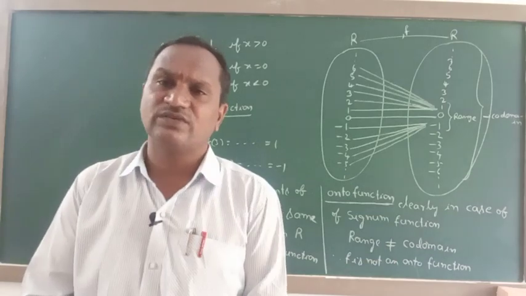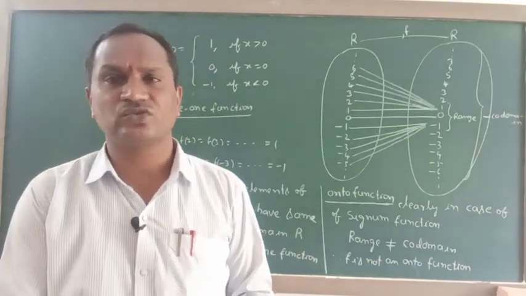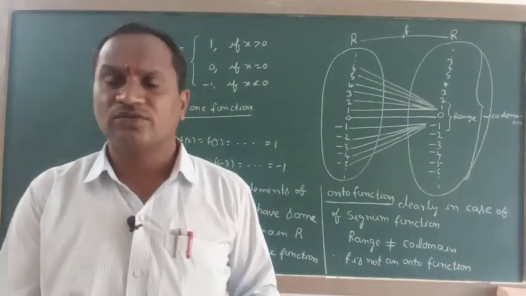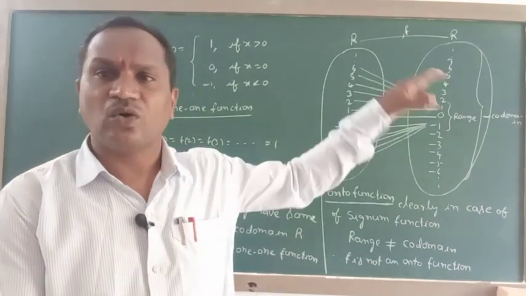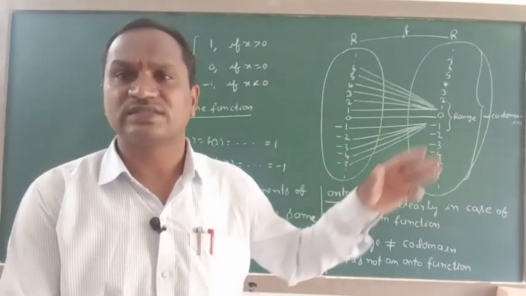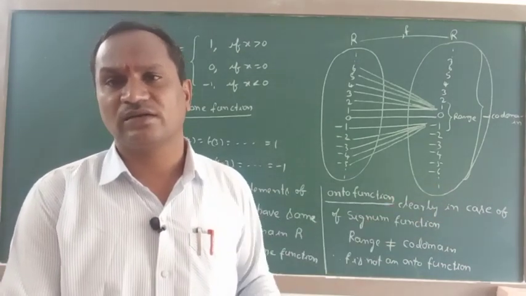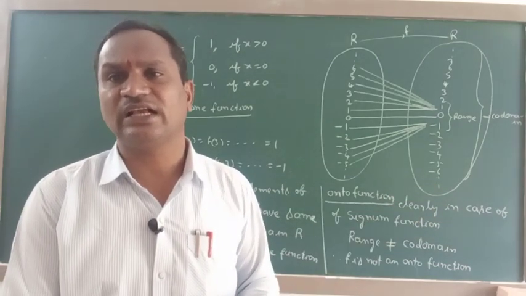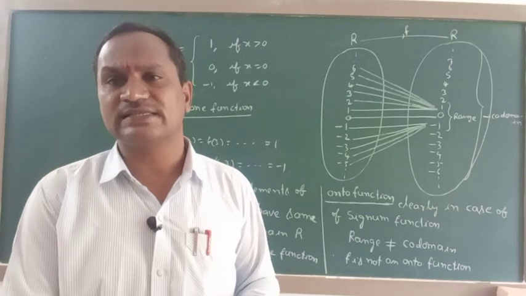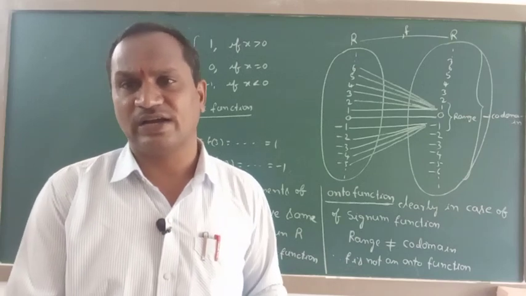In case of surjectivity also, codomain is the whole set of all real numbers, whole set capital R, but range is minus 1, 0 and 1, because they are not equal. If they are not equal, f is not an onto function.